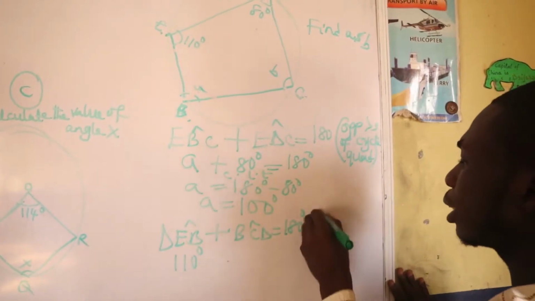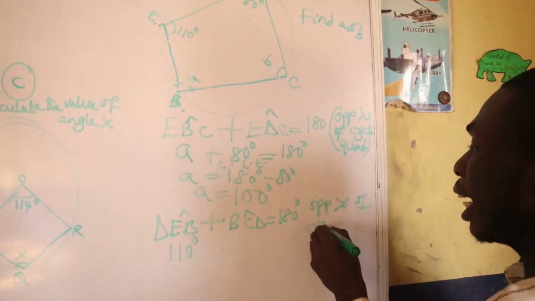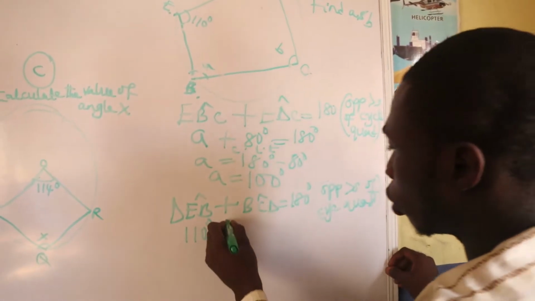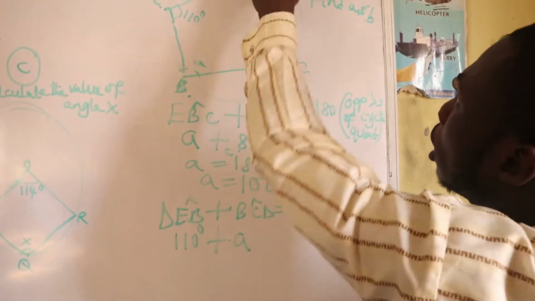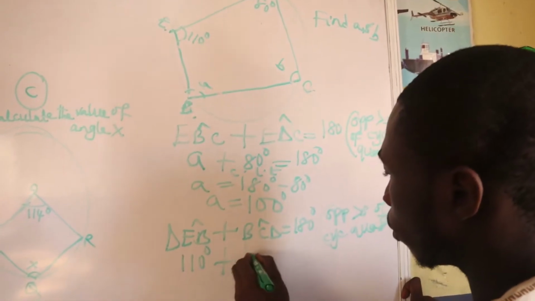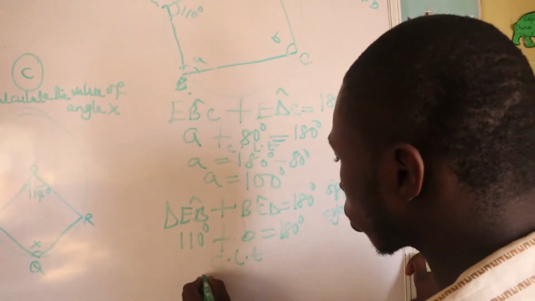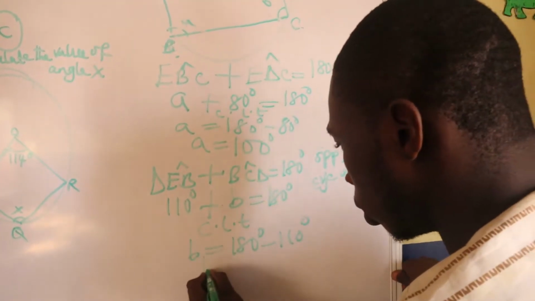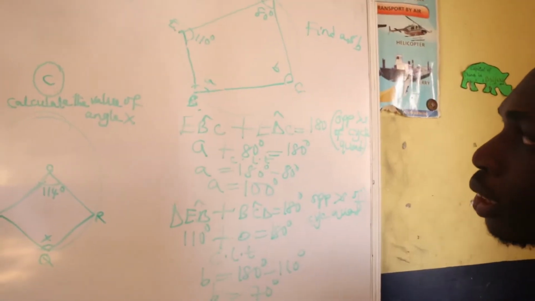And why must you have 180? Tell them opposite angles of a cyclic quadrilateral are supplementary. So you have BCD, which is our B. B equals what? 180 degrees. Now at this point, collect like terms. Then you finalize. So you have this to be 7 degrees. So that's that on the first question.